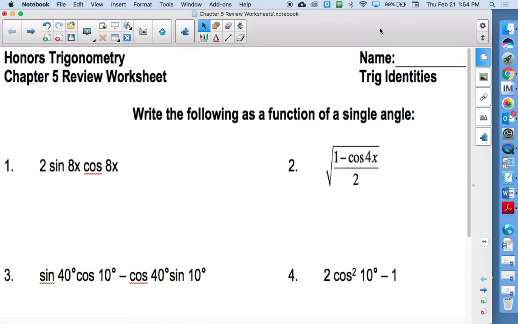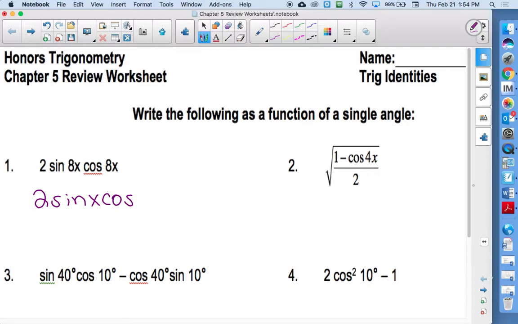Michael? Sine of 2x. Yeah, this looks very similar to the sine of 2x. The formula says 2 sine x cosine x equals sine 2x. So right here is the formula. It's the sine of a double angle.